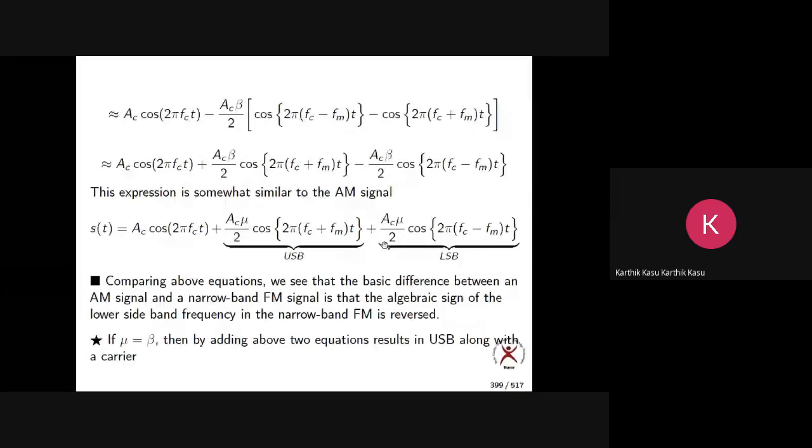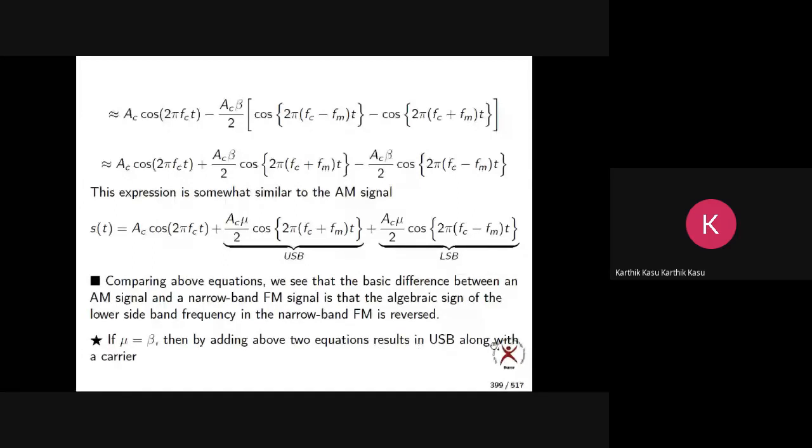So here I am adding this narrowband FM with the AM signal. If you add these two signals, these two will get added, these two will get added, and these two will get cancelled out because they have different signs. Now I am assuming mu equals beta, so these two will be removed. Now what do you get? You get the carrier and the upper sideband. The lower sideband will be eliminated. Okay, so it results in the upper sideband along with the carrier.